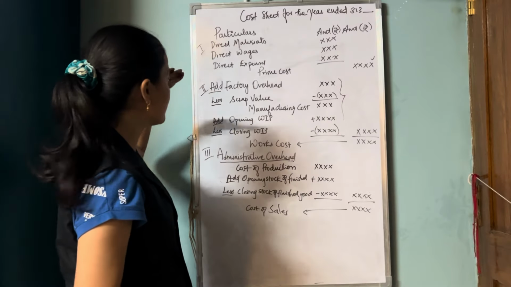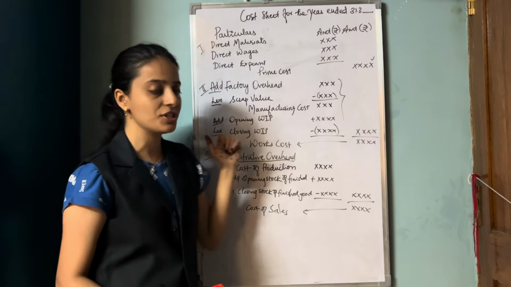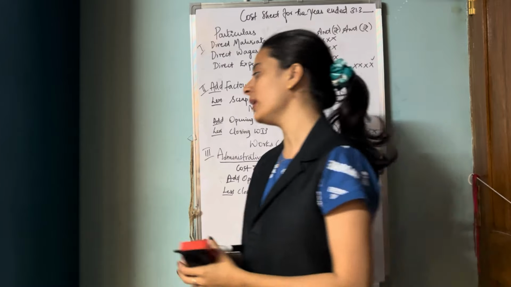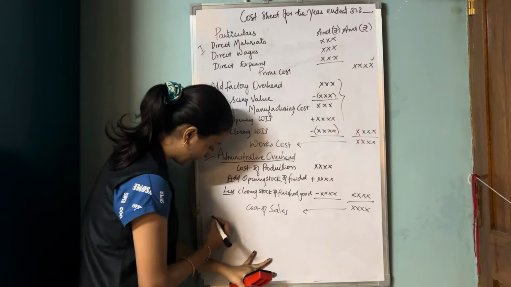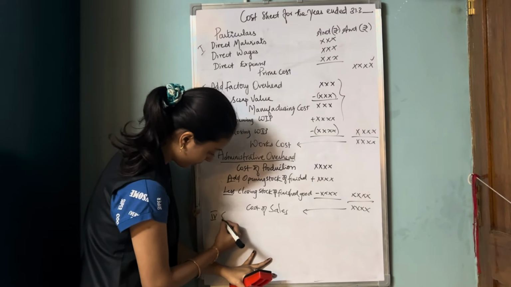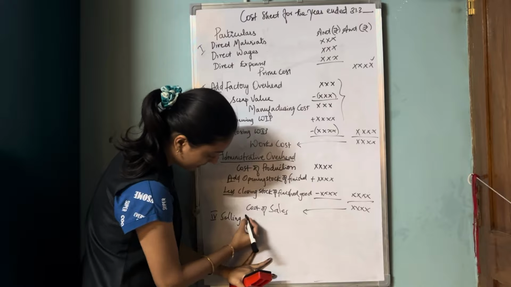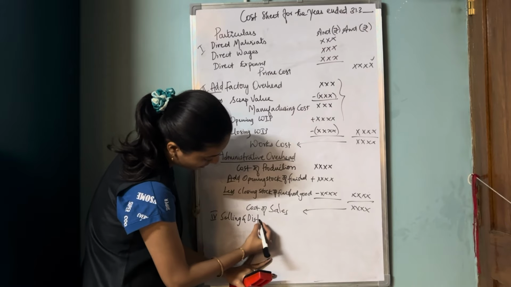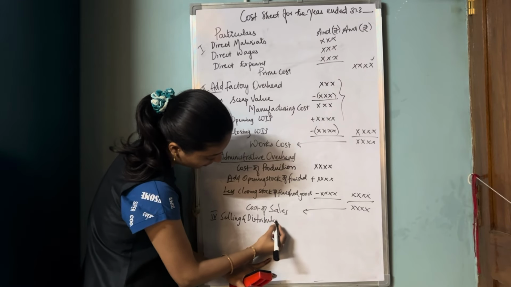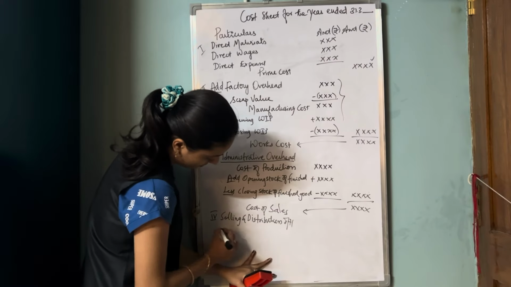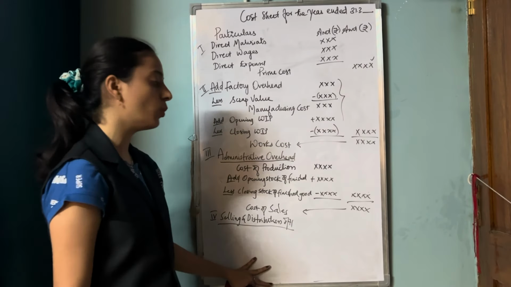So, direct materials is done, factory is done, administration is done. What is left? We are left with the overhead, that is nothing but S&D, selling and distribution overhead. Selling and distribution overhead.